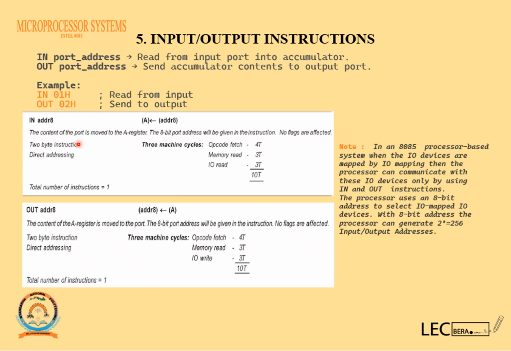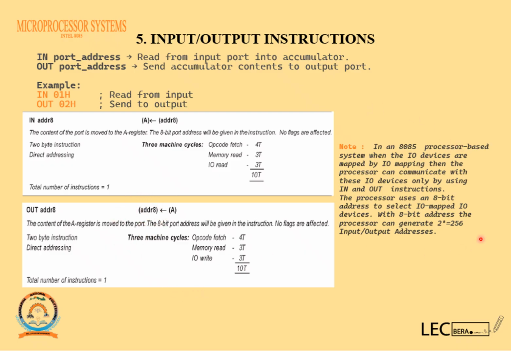And at the end of that execution, how many cycles am I going to use? 10 T cycles. The same thing applies if I want to write data to an output port: that data is going to move from the accumulator to the port address of the output device.